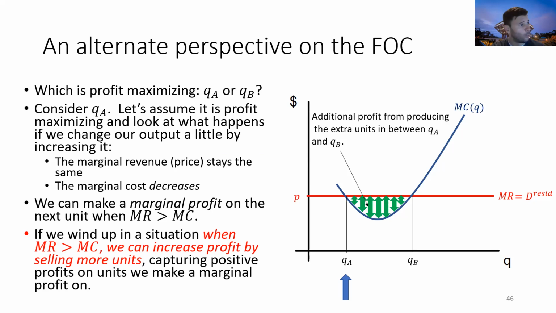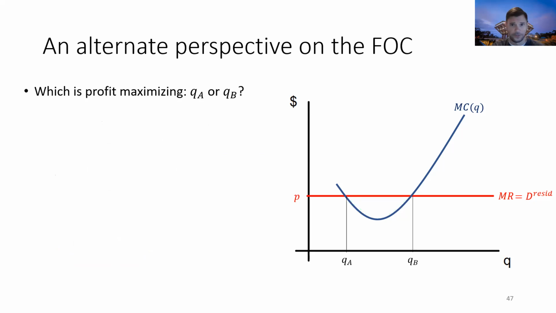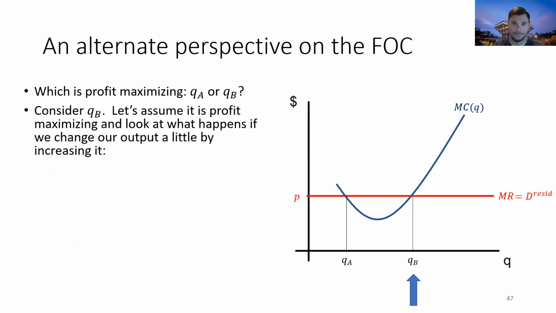So again, we got to be a little cautious just applying our first order conditions without thinking about them carefully. Now, if we were standing at QB and we moved to the left, hopefully everyone would agree that we would miss out on some of that green region we were looking at a moment ago. So if we move to the left from QB, definitely our elevation on the profit mountain drops. What happens if we move to the right relative to QB? Right, the revenue stays the same, but what happens now?